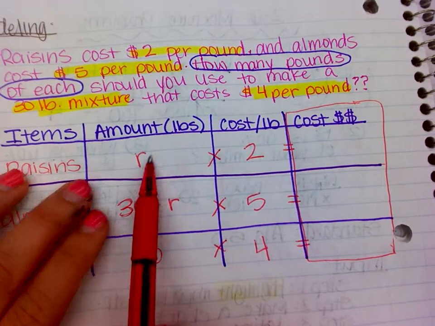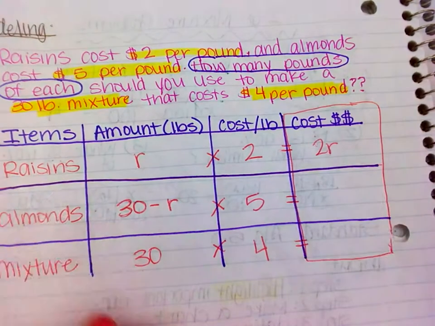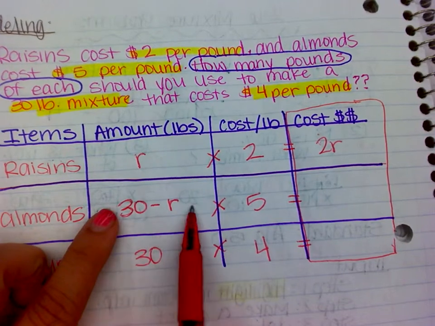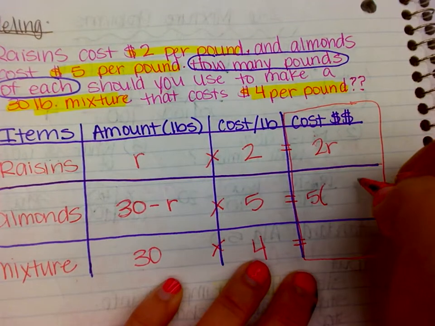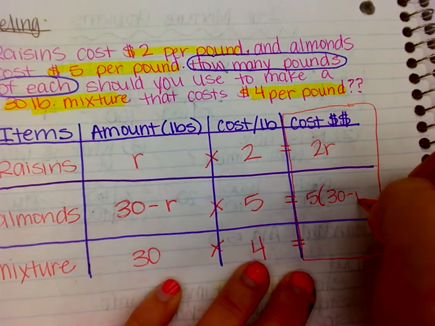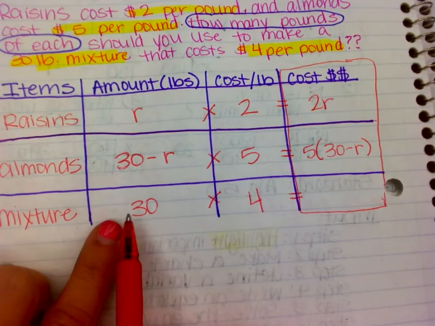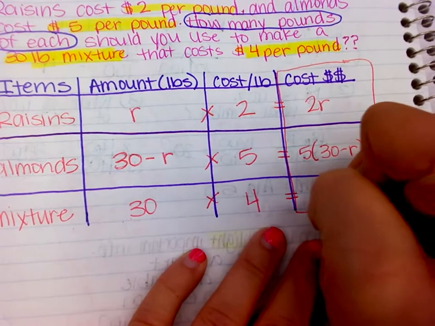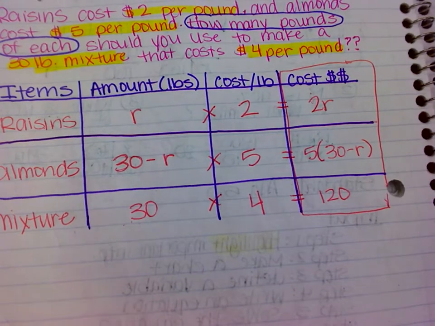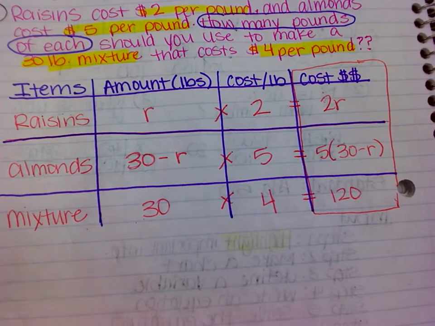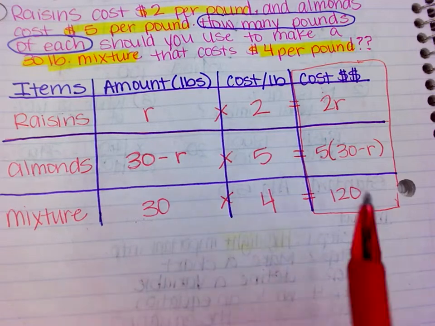So R times 2, the cost in dollars, is going to give us 2R. 30 minus R times 5 is going to give us 5 in parentheses times 30 minus R. And our mixture cost is going to be 30 times 4 equals 120. So we did step 2, we defined our variable. Step 3, we have to write an equation.